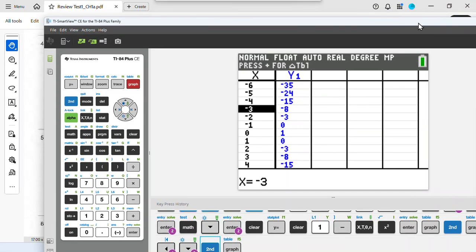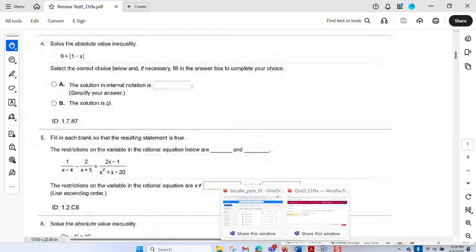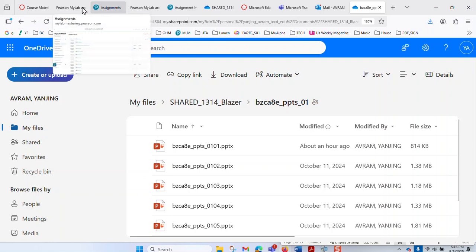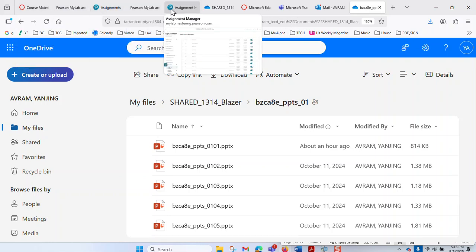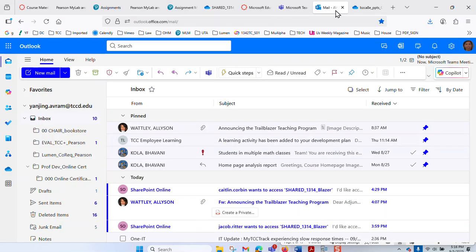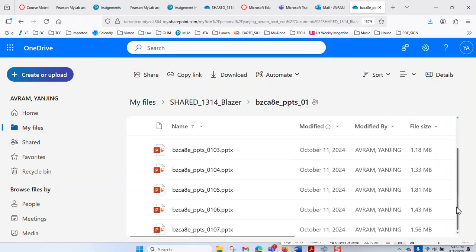Like I said, the PowerPoint is very useful, right? Because it does give you the formula. Okay, so this is the formula in here.